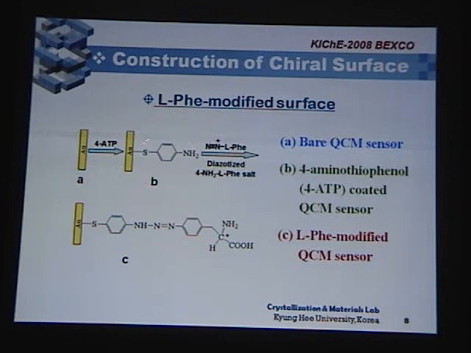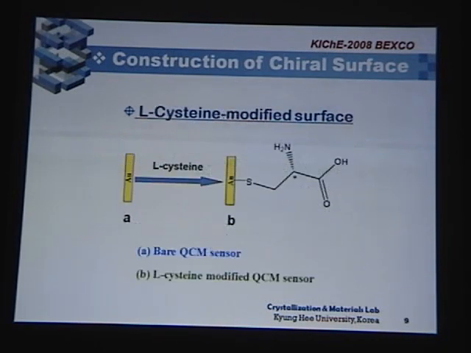First, a monolayer of ATP, 4-aminothiophenol, was immobilized on the gold surface of the sensor, and then alpha-phenylalanine was immobilized by using diazo coupling reaction. And here is the construction of L-cysteine modified surface. Because L-cysteine has the thiol group, it can be immobilized on the gold sensor surface directly through the gold-sulfur bonding.